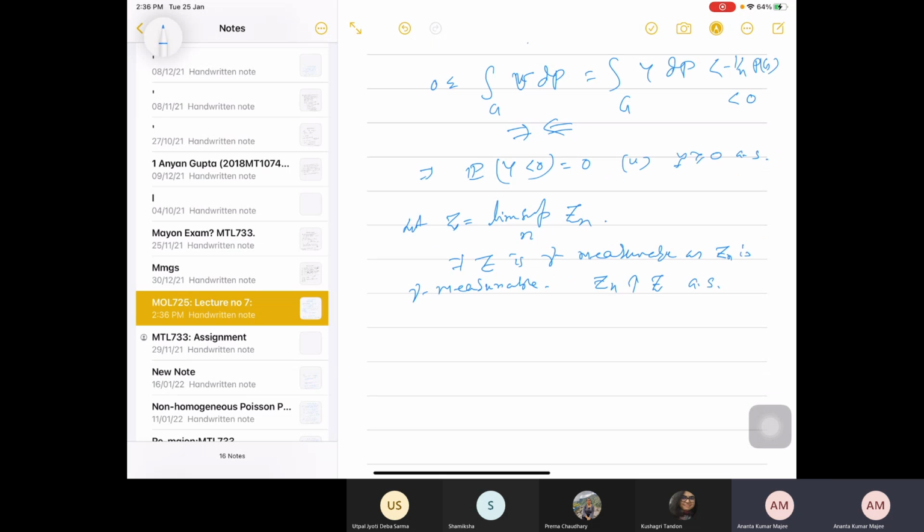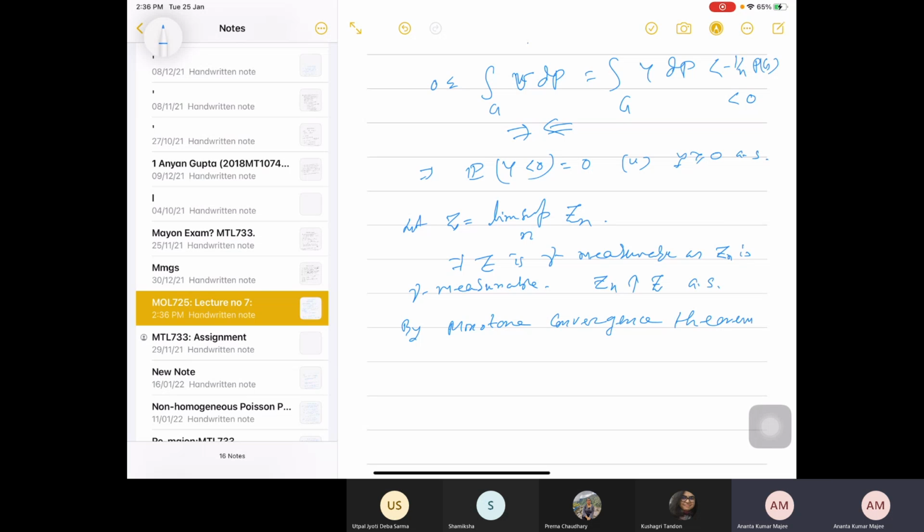Hence, by the monotone convergence theorem. I hope you remember the monotone convergence theorem. What it says is that, suppose I have non-negative random variables xn which converge to x, monotonically increasing to x almost surely.